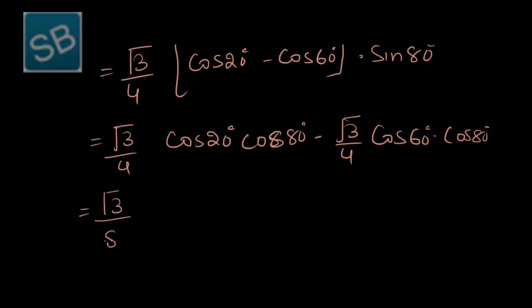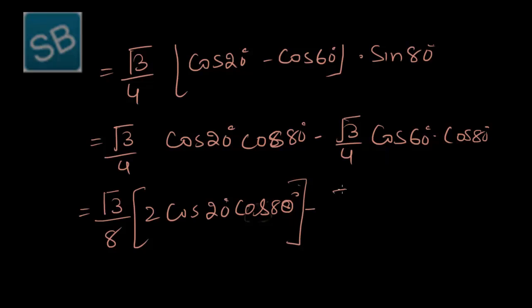So we get root 3 over 8, 2 cos 20 degree cos 80 degree, minus root 3 over 4, value of cos 60 is half, into sine 80 degree.